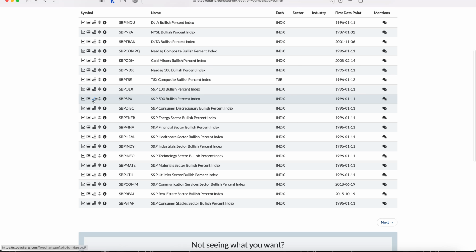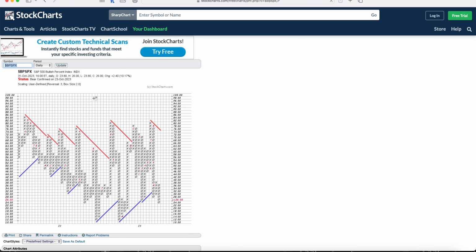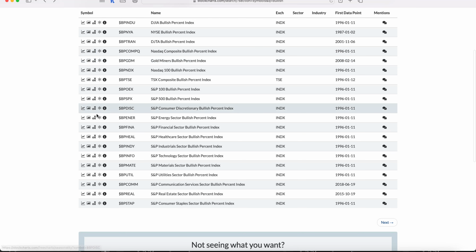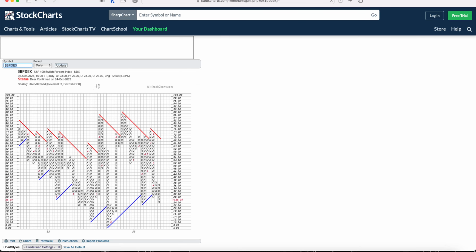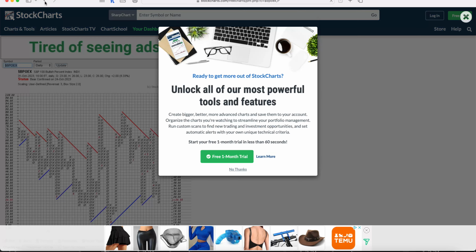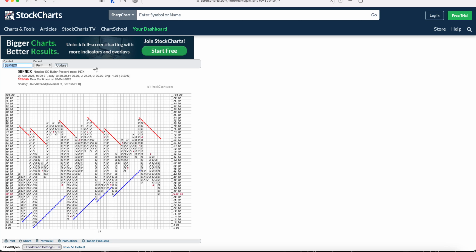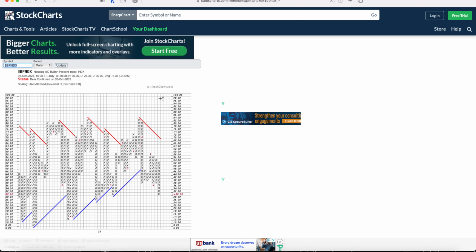The SPX is up by 10.17%. The OEX is up by 8.33%. And the NDX, where are we? Here we are. Minus 3.23%. So, like I say, it's a bit of a mixed up market, and we'll keep an eye on it.